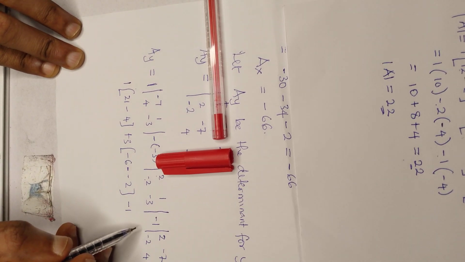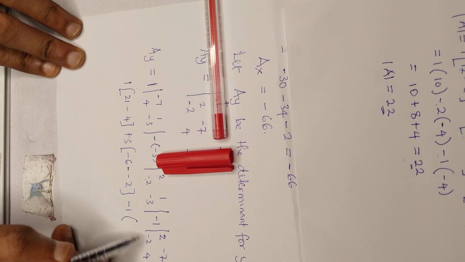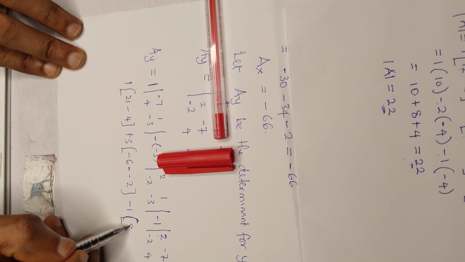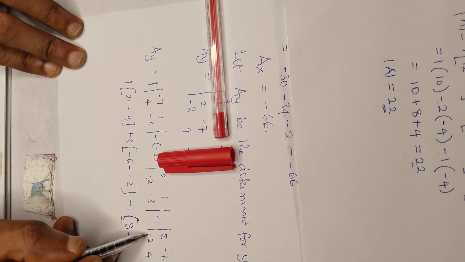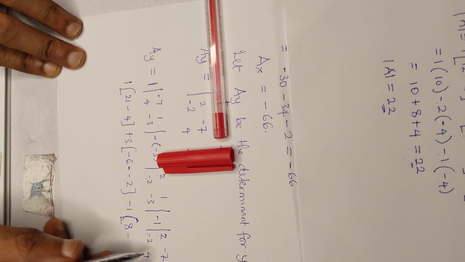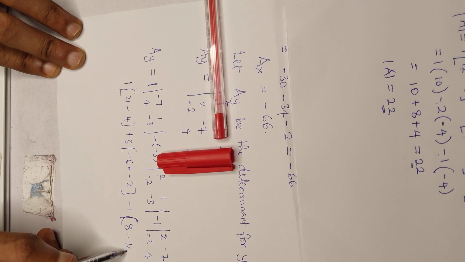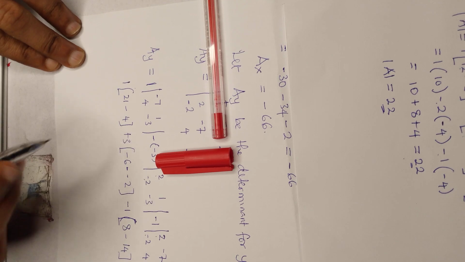Minus 1 here into 2 times 4 is 8, minus 2 times minus 7 will give us 14. So let's solve this out.